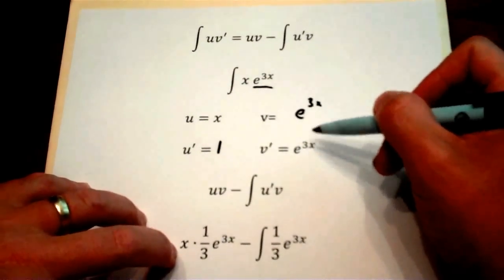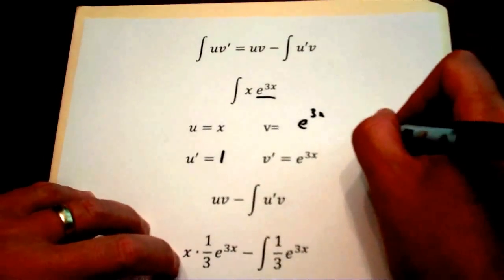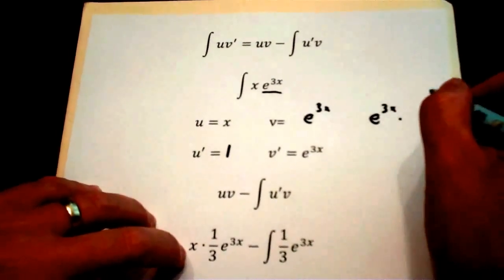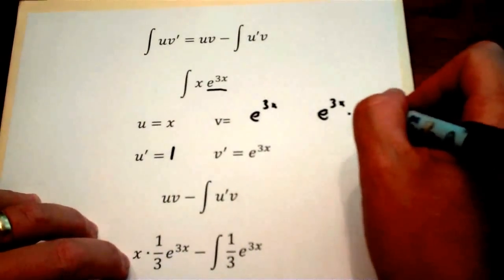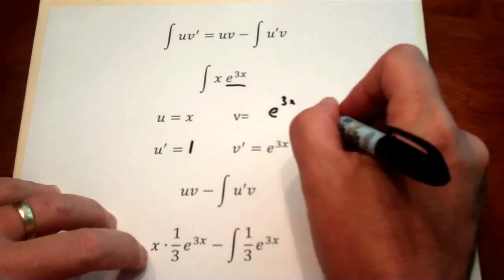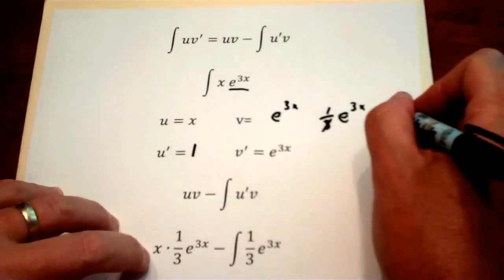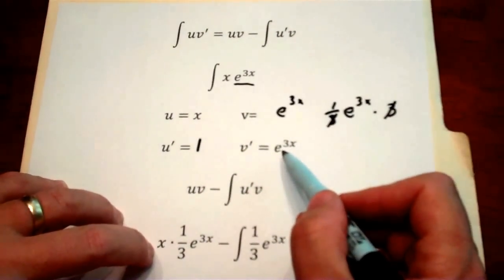But remember what happens when you have e to the anything and you take the derivative: you of course get e to the anything, but there's a times the derivative of what's inside. I have a times 3 there. I need to get rid of that times 3, which means there must have been a 1/3 out here to begin with to cancel with that, to leave me with the e to the 3x that I wanted.